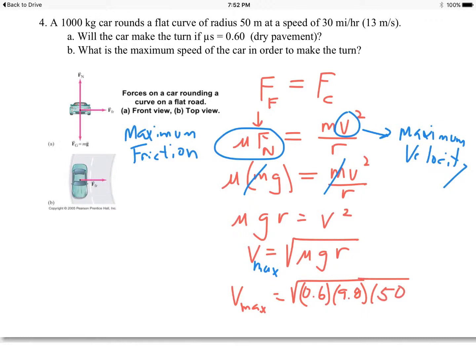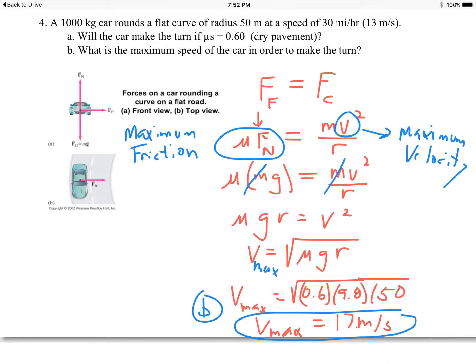I need to take the square root of all that. And it turns out that Vmax here is 17 meters per second. That's actually answering part B of this problem.